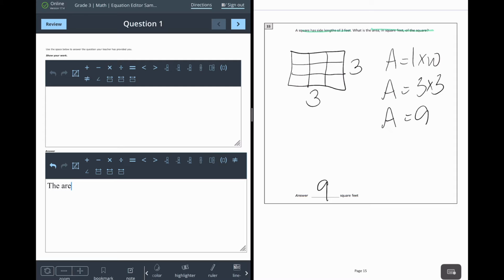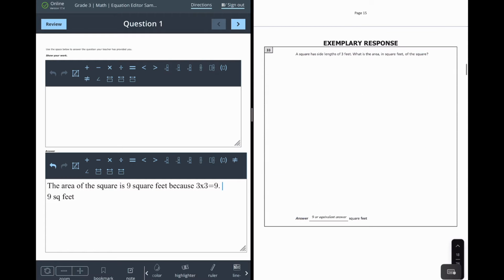The area of the square is 9 square feet. So that's really all I need to write, or even just 9 square feet is fine. Or you could even put in 9 square feet because 3 times 3 is equal to 9. That's it.